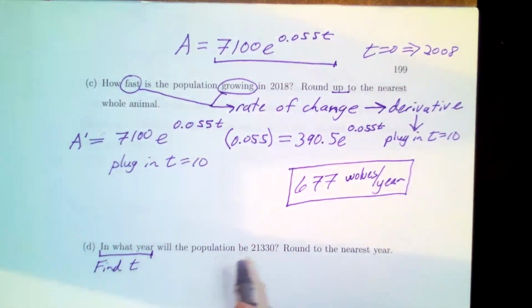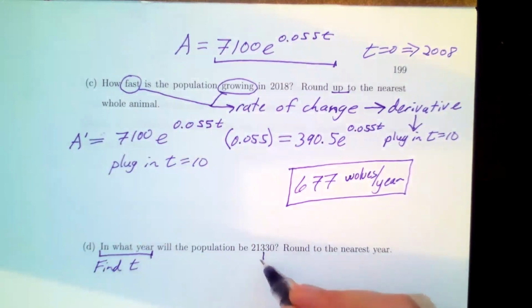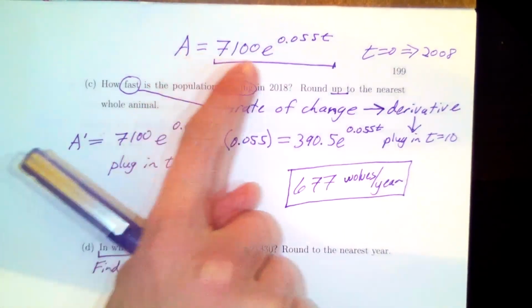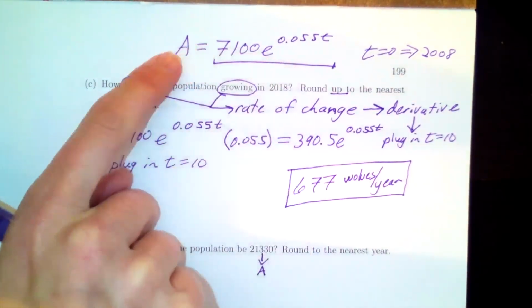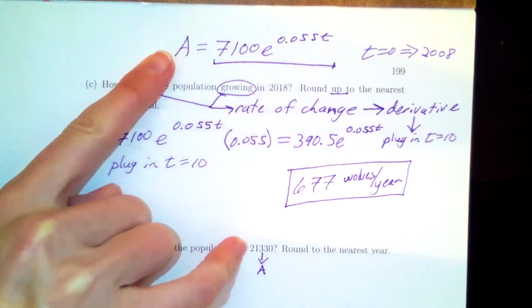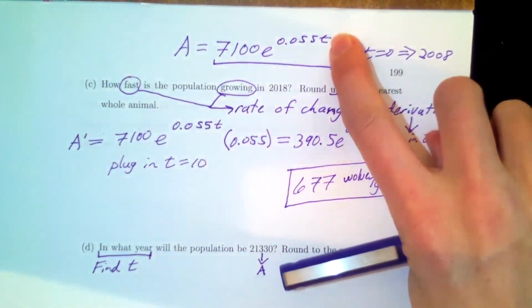And if they're asking about how long it will take for the population to be a certain thing, they're wanting you to find when A, the future value, will be 21,330. So that is to say, they want you to take your model here and fix your future value A to be this specific amount and solve for the t that would make that happen.